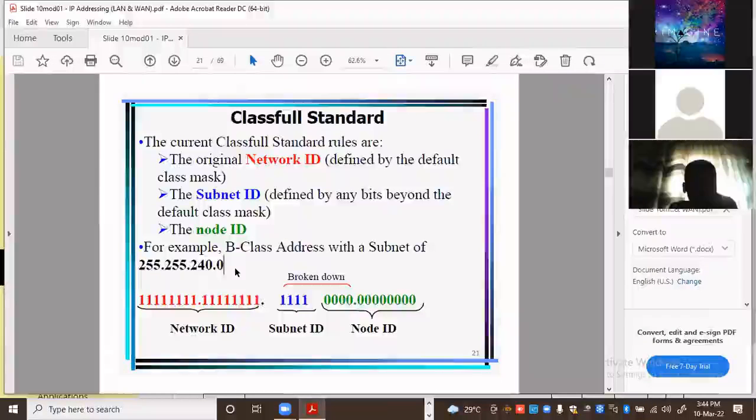So in this scenario here where you have a subnet mask of 255.255.240.0, instead of having .0.0, you actually have some of the bits of the third octet being taken out as well.